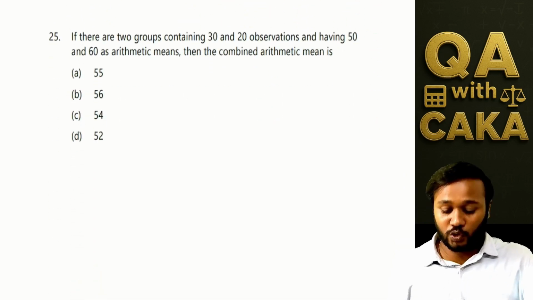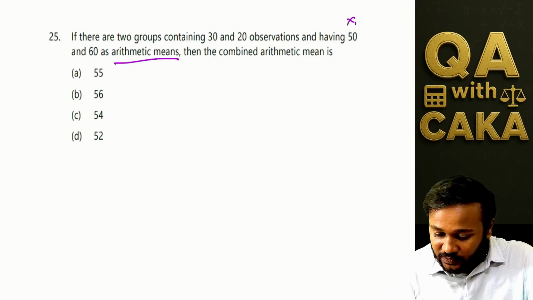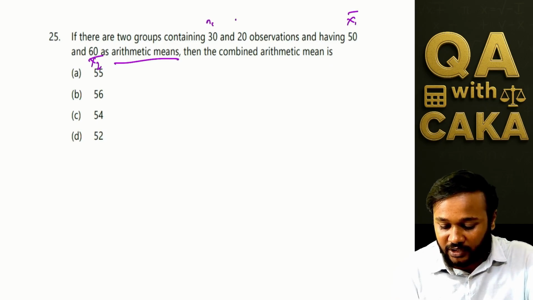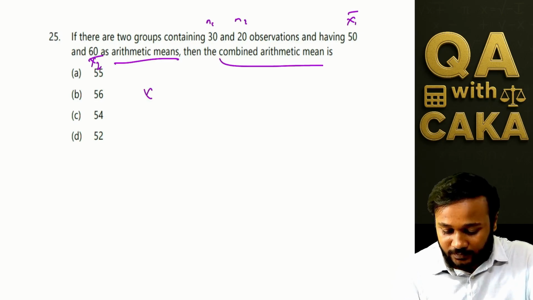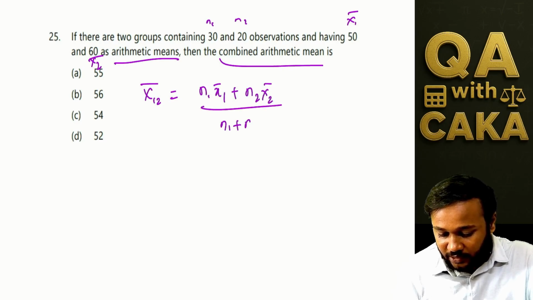On 25th, if there are two groups containing 30 and 20 observations and having 50 and 60 as arithmetic means. Okay, AM is given, this is x1, this is x2, and this will be n1 and n2. Then the combined arithmetic mean formula is n1 x1 plus n2 x2 divided by n1 plus n2. This is the formula.